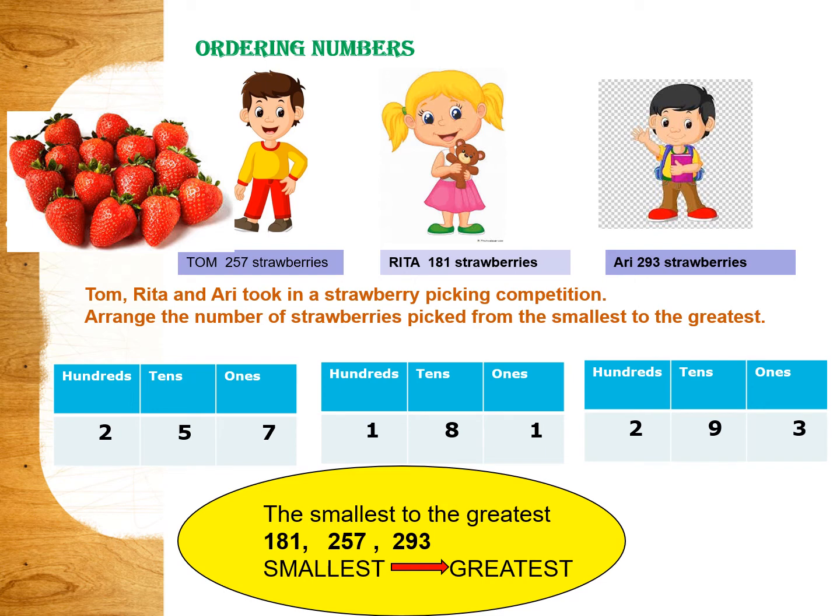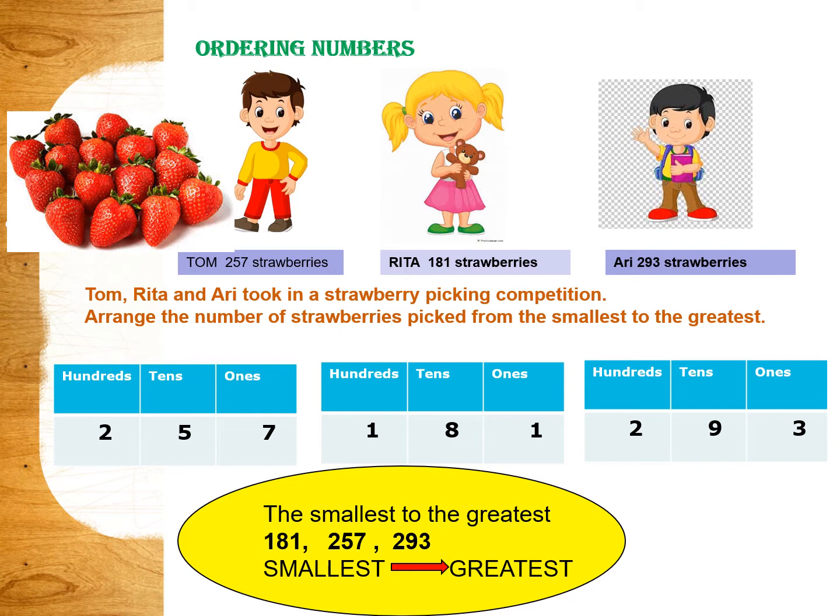Who came in first place? First compare the hundreds. 100 is less than 200, so 181 is the smallest. Now we compare 257 and 293 to see which is smaller. 5 tens is less than 9 tens, so 257 is smaller than 293.